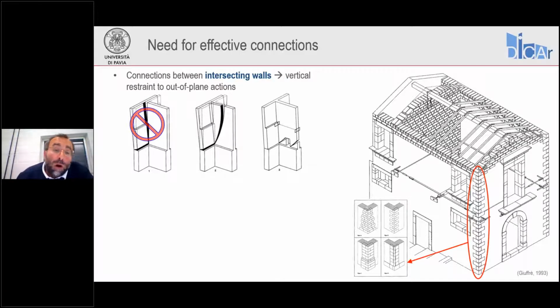But we may want to do even better. So if we want to involve in this mechanism a larger portion of the intersecting wall, we may want to tie together these two perpendicular walls, tie them with each other. And to do so, we may, for example, introduce tie rods or other type of improved connections.